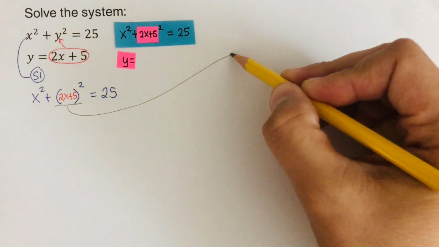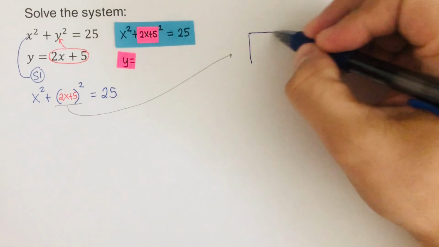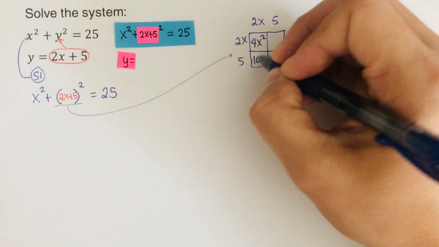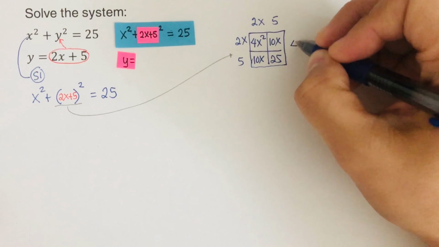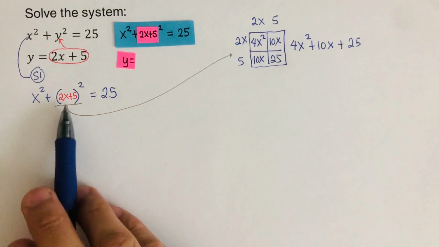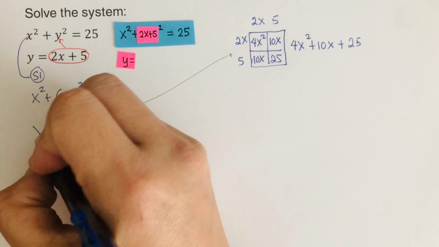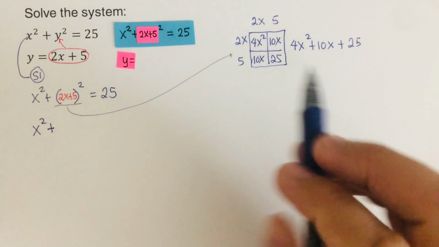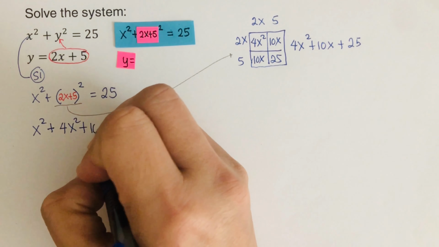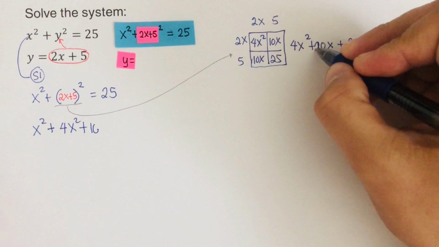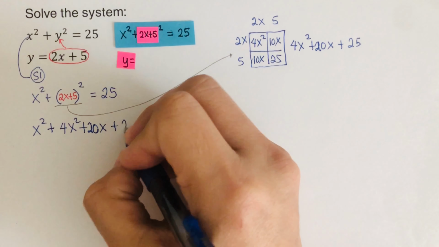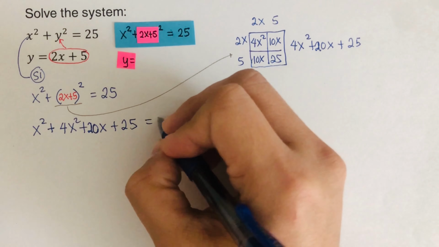That comes out to be x squared plus 4x squared plus 20x plus 25, and that is equal to 25.